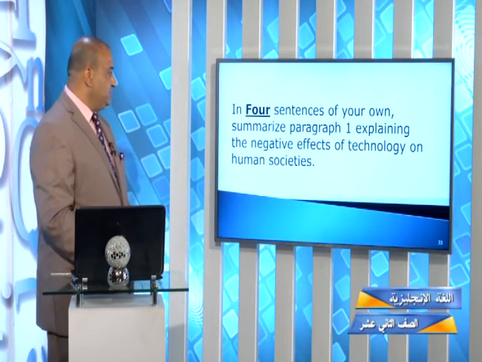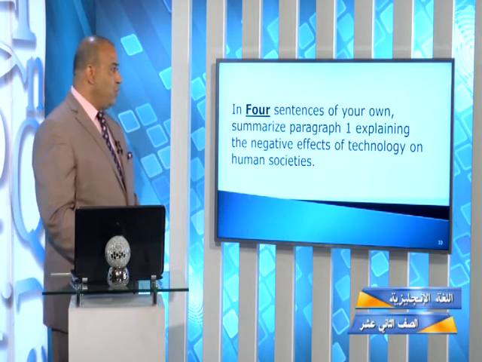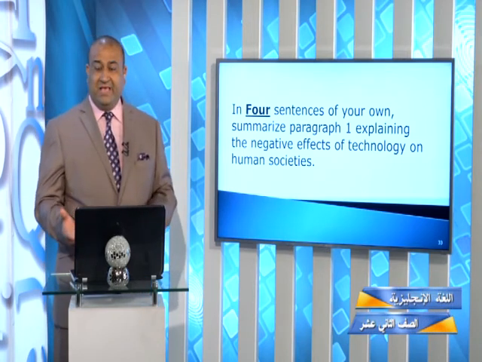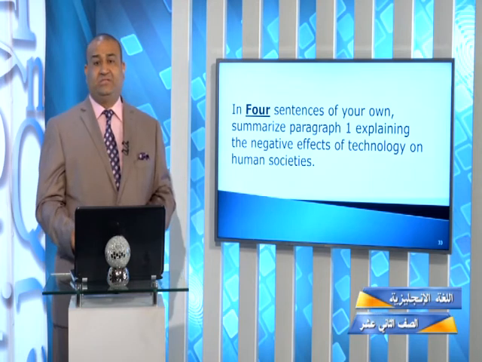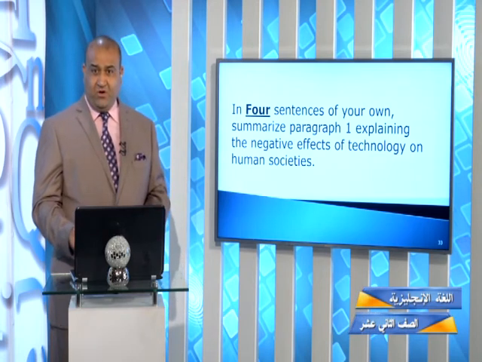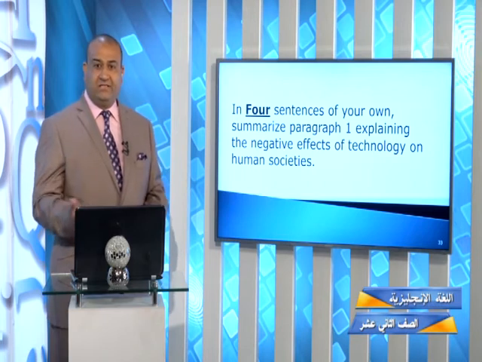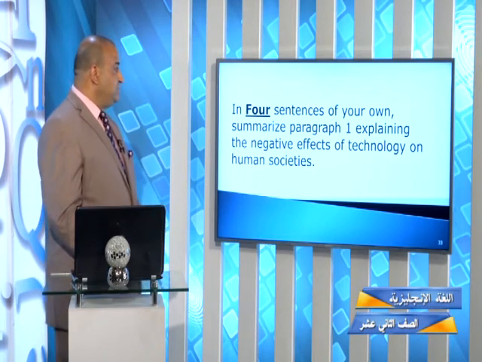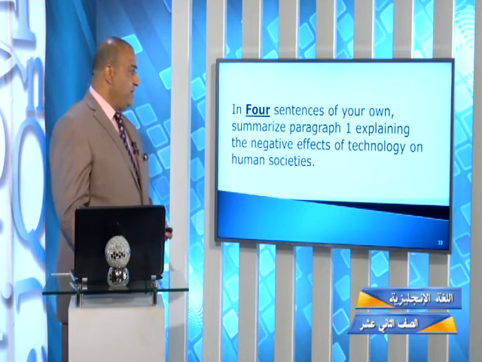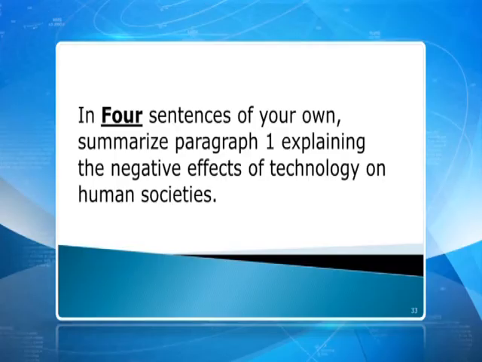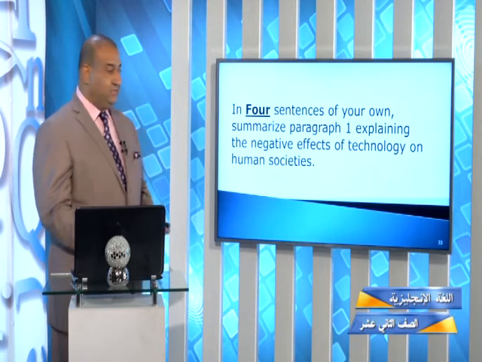The question says, in 4 sentences of your own, so you are not allowed to copy the same words that are put in the reading comprehension. You have to give your own words and your own sentences. In 4 sentences of your own, summarize paragraph 1, explaining the negative effects of technology on human societies. So the focus here is on the negative sides, not positive sides.